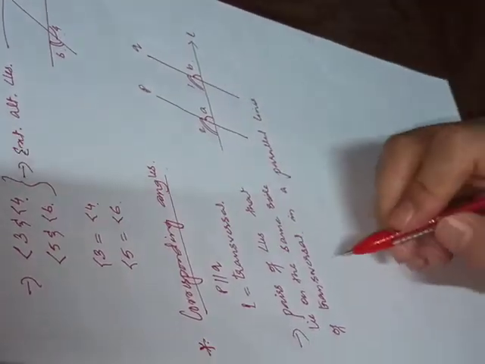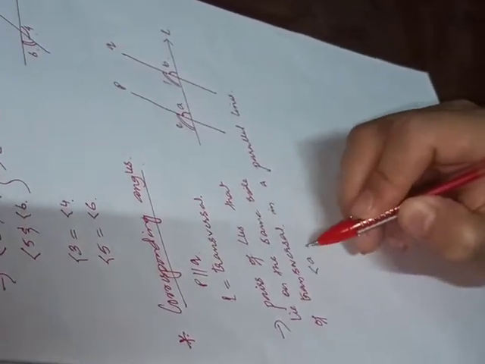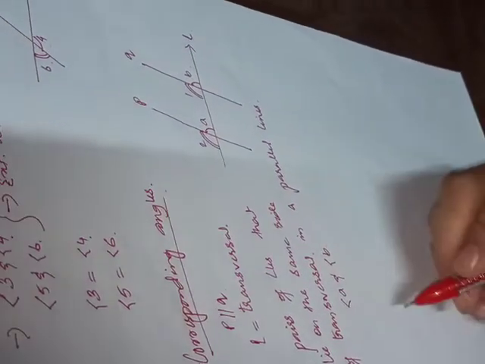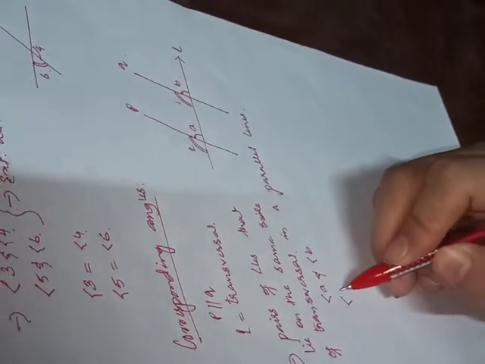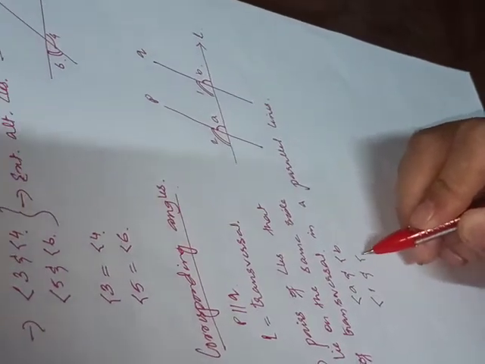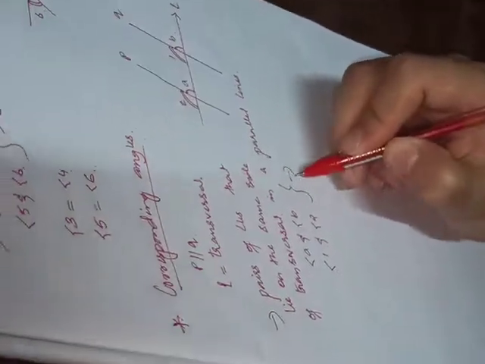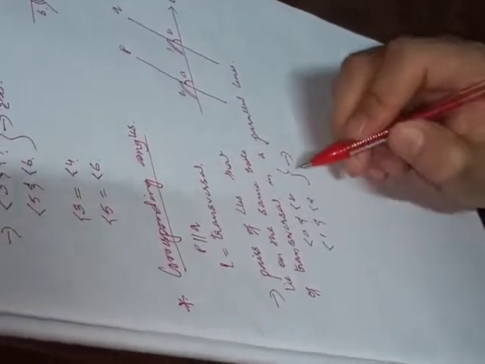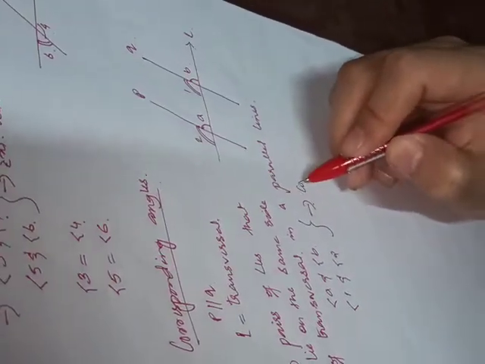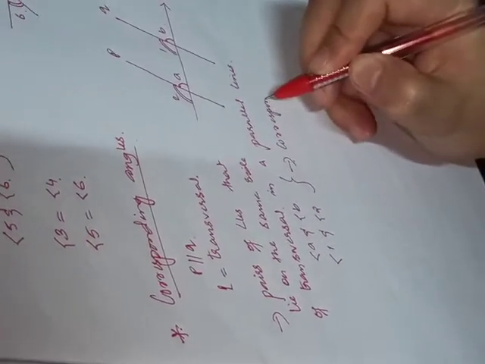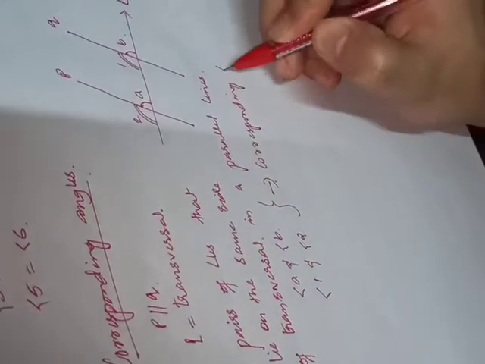Now what we notice here is that your angle A and angle B, your angle 1 and angle 2, these two pairs of angles will be known as corresponding angles.